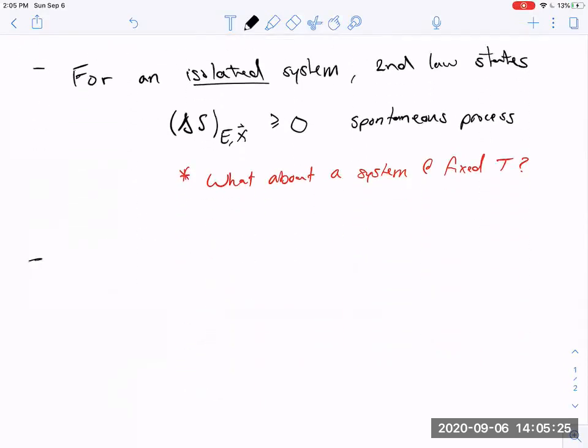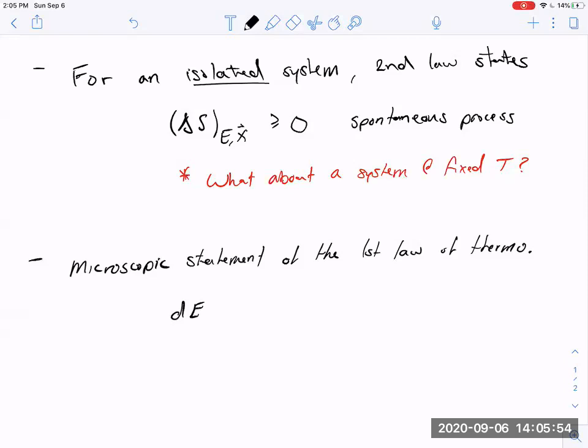The last that I want to review is what we observed last lecture, which was a microscopic statement of the first law, which was that changes in energy occur through 2 fundamentally different sorts of processes, those that we label heat and denote dQ, and those that we label work and denote dW.